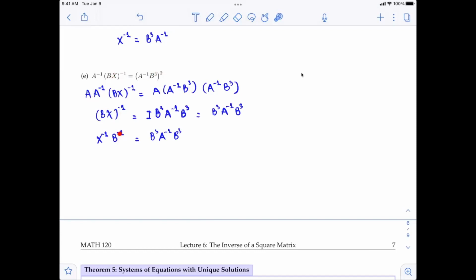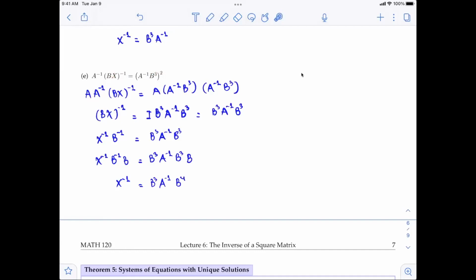And to get rid of B inverse, this B inverse is on the right of X inverse, so what you do is the right multiplication. And this gives me an identity matrix, and you get just X inverse equal to B cubed times A inverse times B to the fourth.